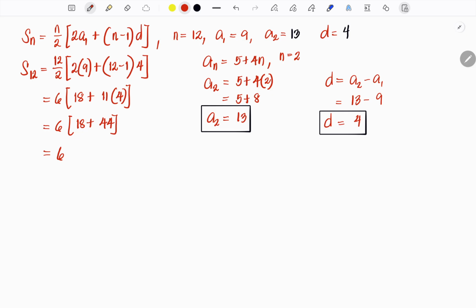That is 6 times 62, and 6 times 62 is equal to 372.